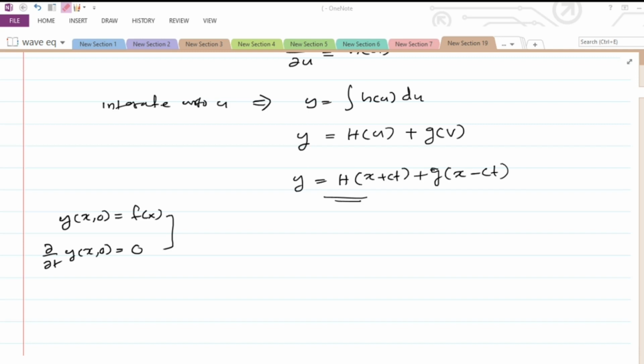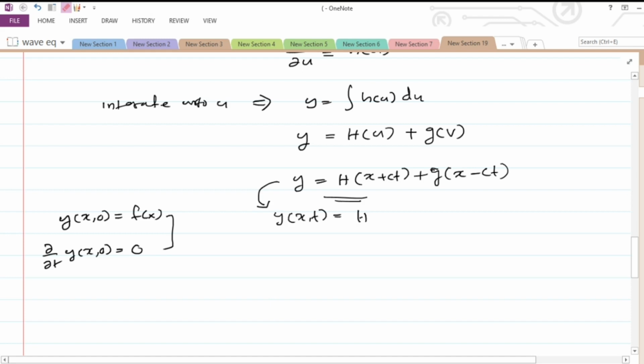First of all, we differentiate partially with respect to t. Actually this y is y of x and t, equal to H of x plus ct plus g of x minus ct.